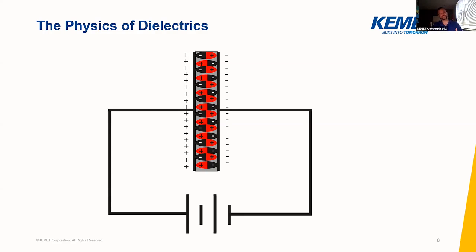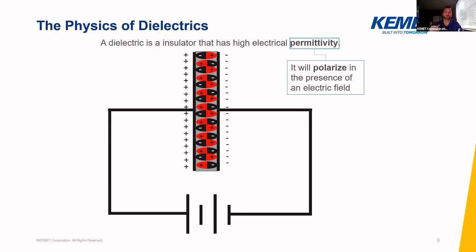What happens in a dielectric is that there are what are called dipoles, and the dielectric is not a typical insulator. Yes, it is an insulator in that it doesn't conduct electricity. However, that dielectric material internally has dipoles that can align themselves to an external electric field. So they will polarize in the presence of an external electric field.